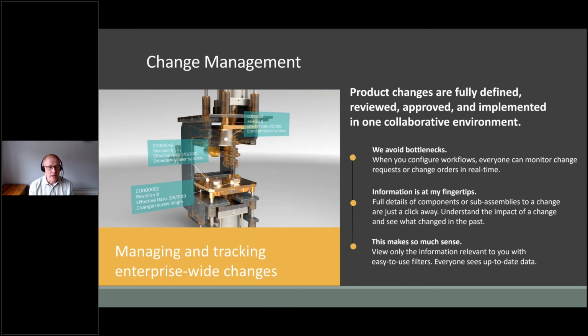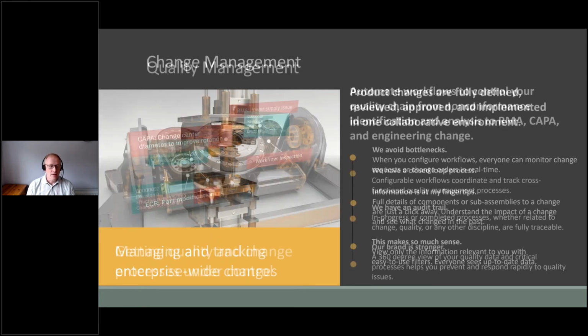Many companies have many different ways of operating when it comes to change management, but PLM is fully configurable and adapts to what you require rather than making you adapt to what it does. So you're fully in control of the change management process throughout.